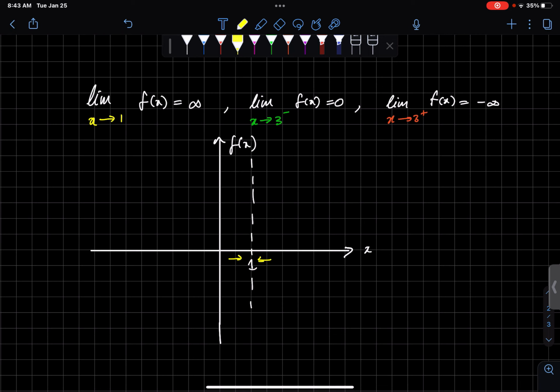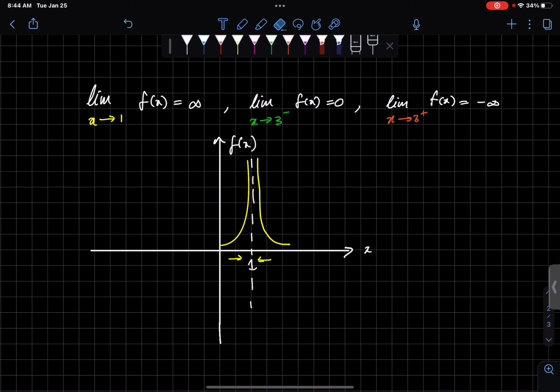So this would look something like this. It comes up and shoots off to infinity on the left side, and similarly on the right.